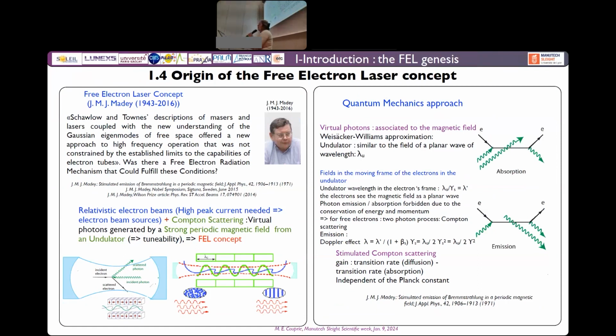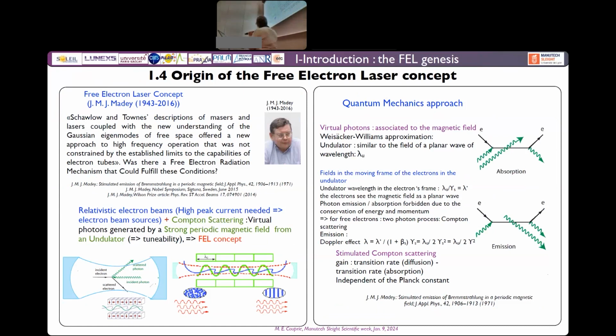he then took the quantum mechanics approach and calculated with the Weizsäcker-Williams approximation what would be the gain, which is a transition rate between diffusion and absorption, the difference of them.